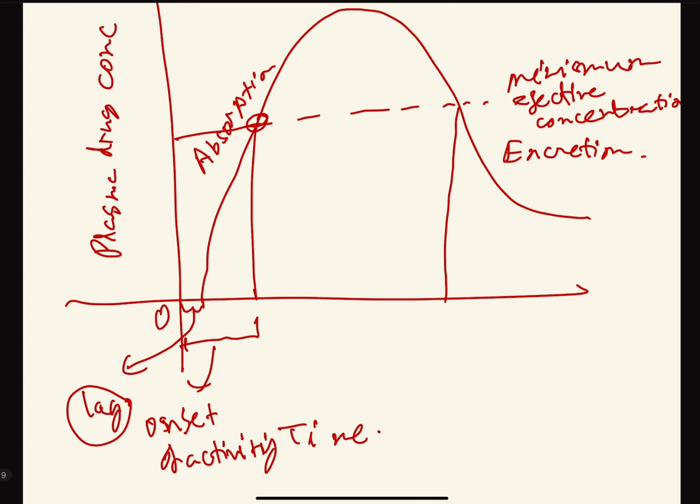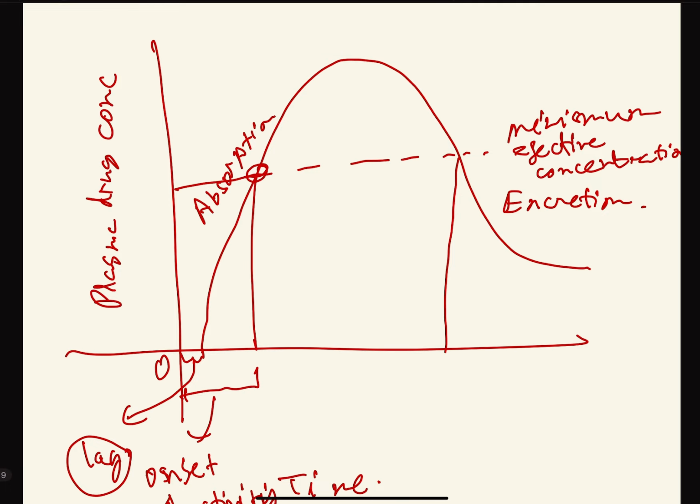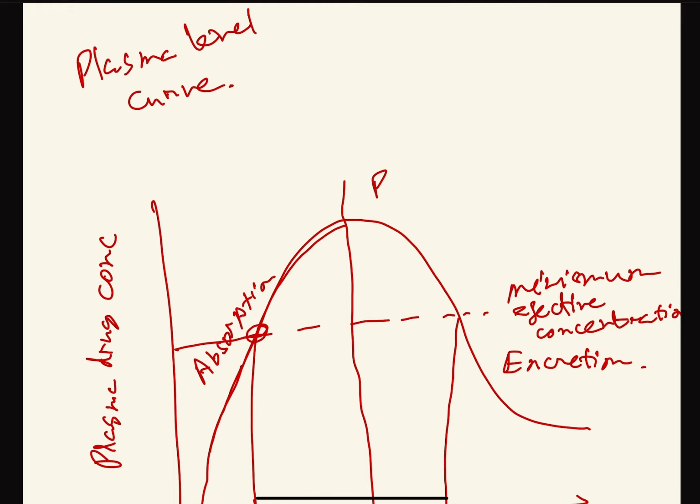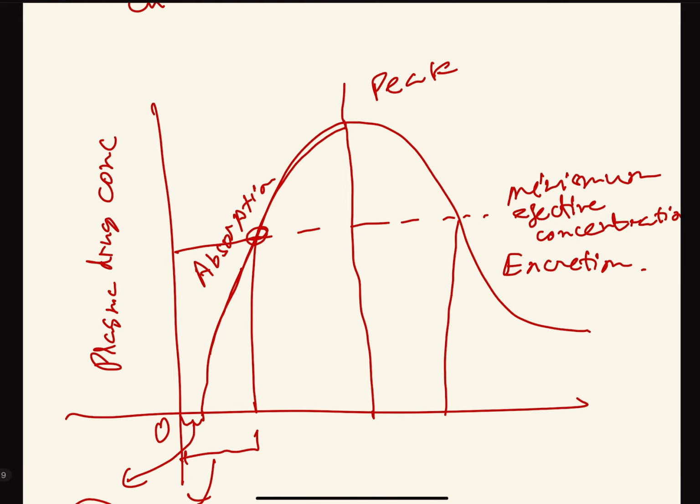The curve goes like this: absorption is happening and it reaches a peak level in the plasma, and then it decreases because of the excretion of the drug.